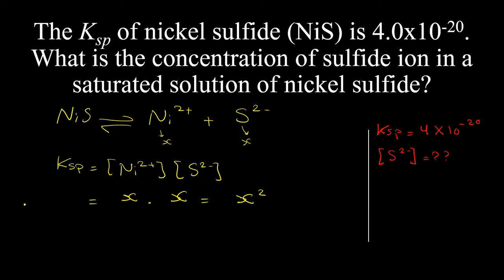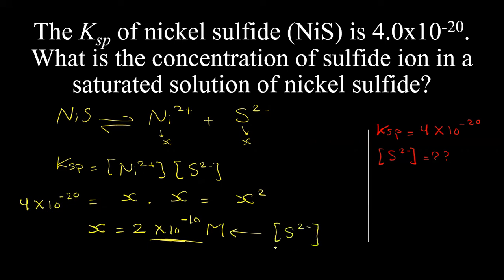And the value for Ksp is 4 × 10^-20. After that, X equals 2 × 10^-10 molar. So this value equals the concentration of sulfide ion. Now we finish the first problem.